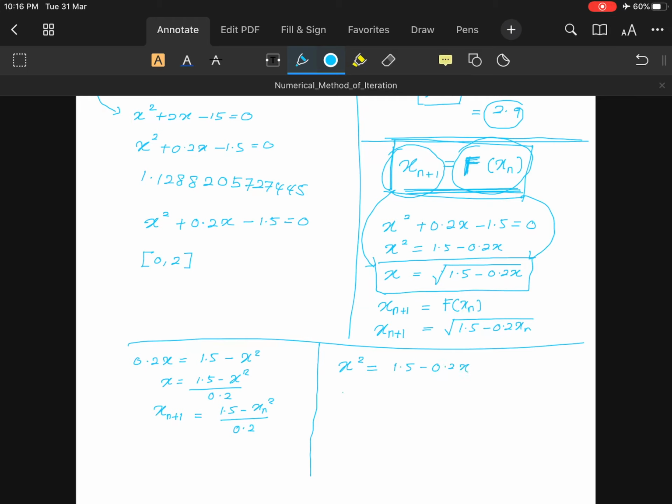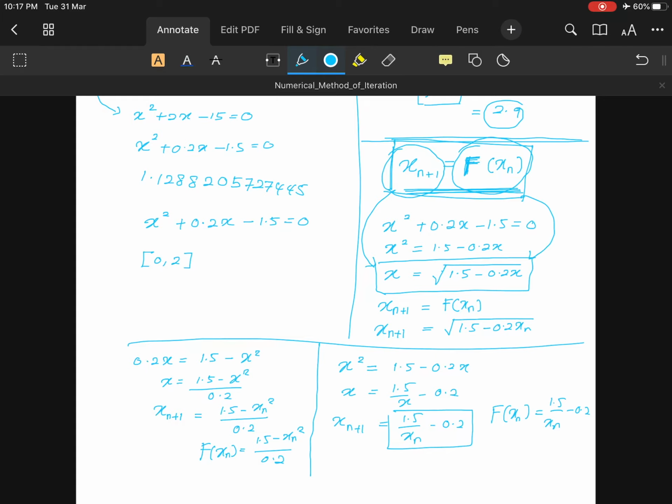Then we divide both sides by x, so we are left with 1.5 over x minus 0.2, and we can write this as x_{n+1} equals 1.5 over x_n minus 0.2. So in this case, your f(x_n) is 1.5 over x_n minus 0.2, and for this one, x_n is equal to 1.5 minus x_n square over 0.2.